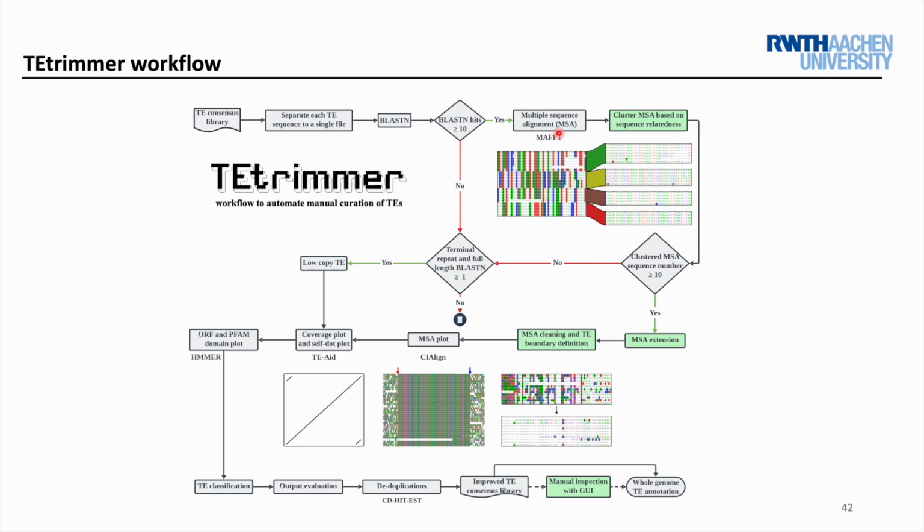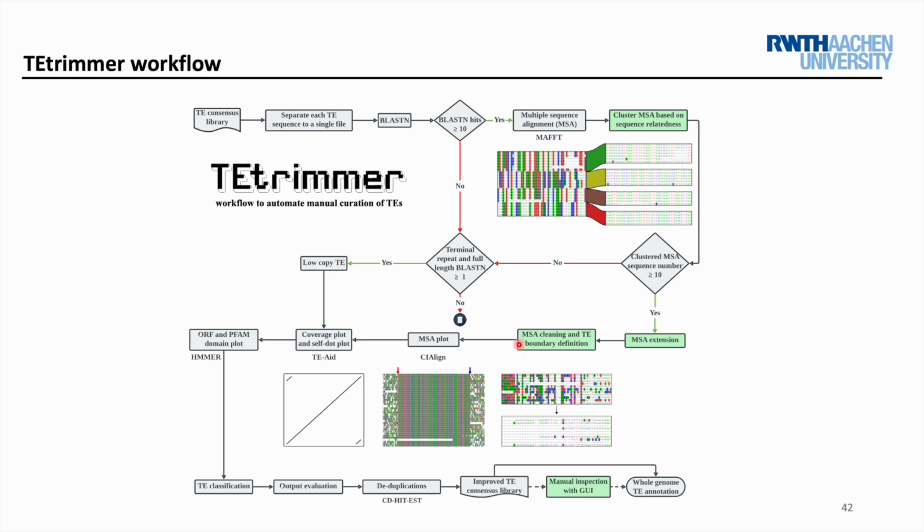Then, if you do multiple sequence alignments, I think now you already understand why we need to do multiple sequence alignments clustering of transposable elements. Then it also has to make sure that after multiple sequence alignment clustering, for each cluster there are more than 10 sequences included. Then to include the TE boundary, you also need to do multiple sequence alignment extension.